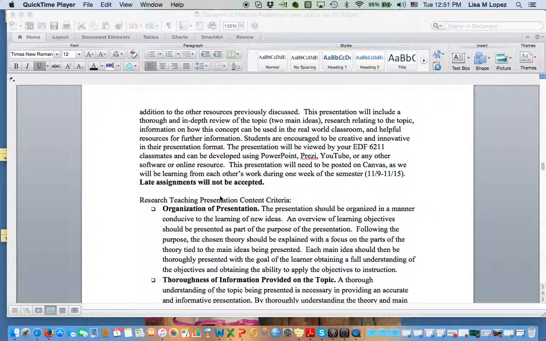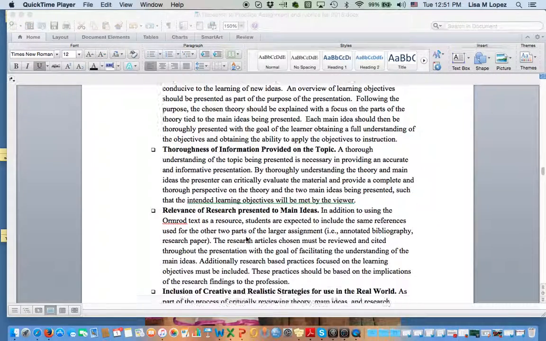And then you're also going to talk about the theory, and you're going to provide resources for further information. So these resources can be links to websites, videos, any type of resource that you want that the classmates can go to further their knowledge. So they should be web links to different sources of information.